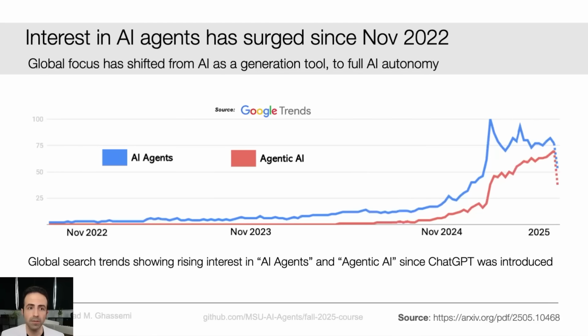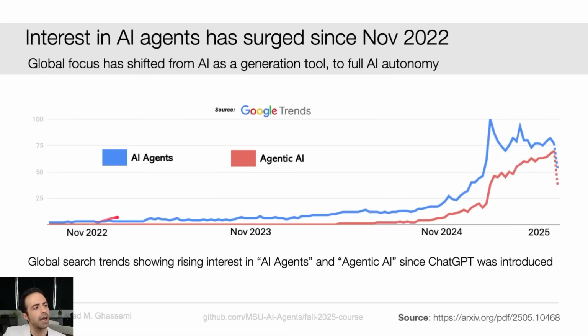This is probably the reason why we have seen an increase in interest in AI agents. So what I'm showing you here on this timeline, starting from November 2022 all the way through 2025, the present, is the interest in these two terms, AI agents and agentic AI. Remember, ChatGPT came out in November 2022.